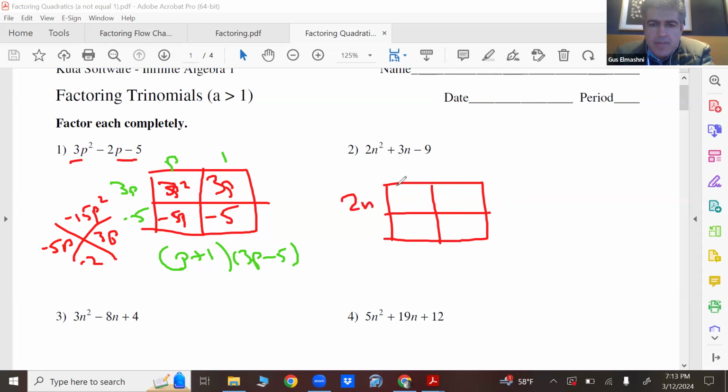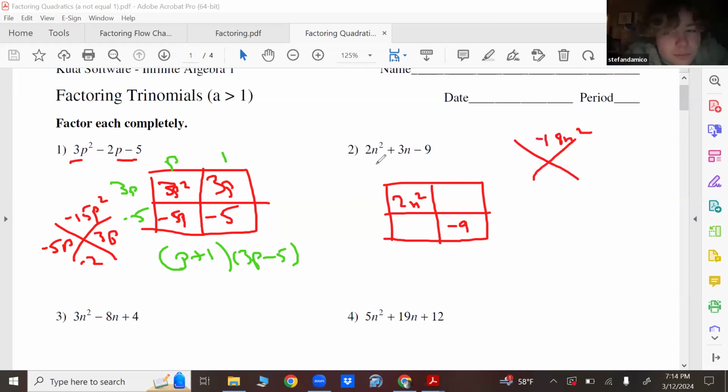Here we've got 2n squared and -9. You've got to find two numbers that multiply to -18n squared and add up to 3n. So what two numbers multiply to -18 but add up to 3?